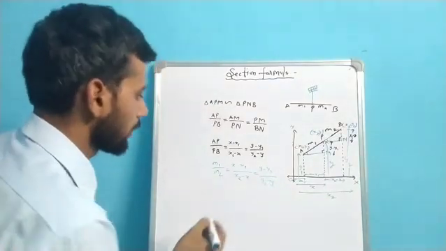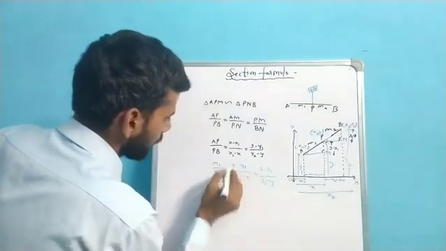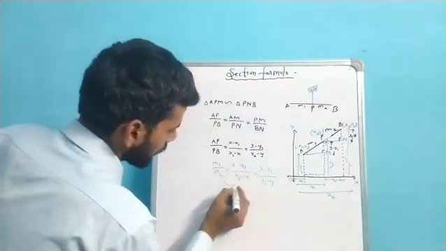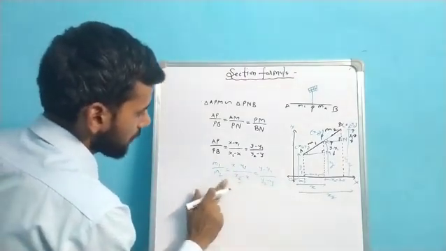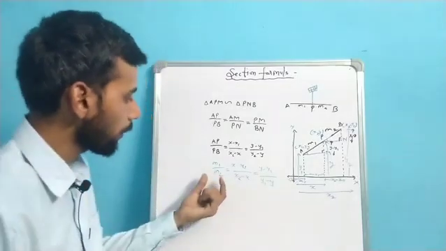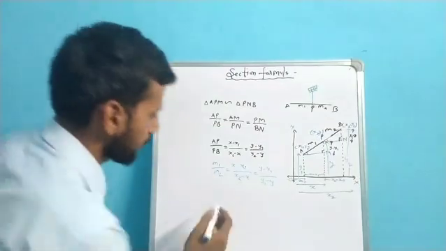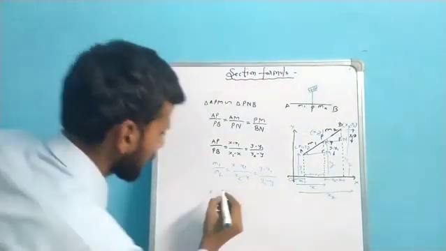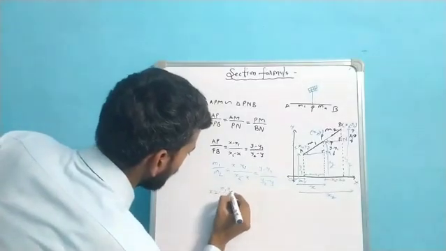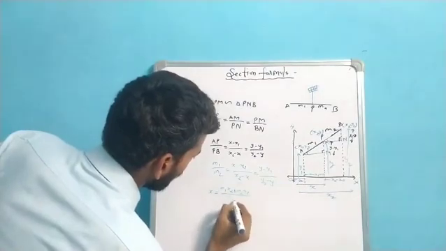So if we solve it, m1 upon m2 equals this, and this will also equal that. If we solve for x, we get x equals m1 x2 plus m2 x1 upon m1 plus m2.